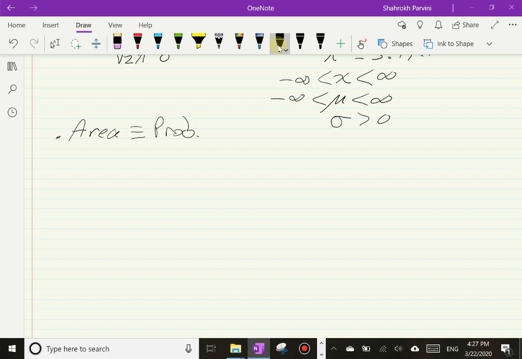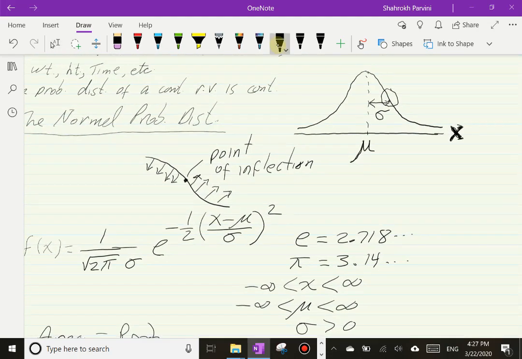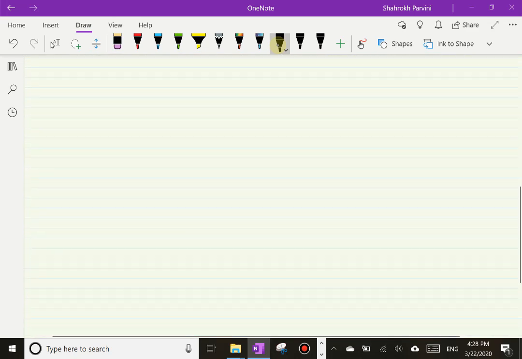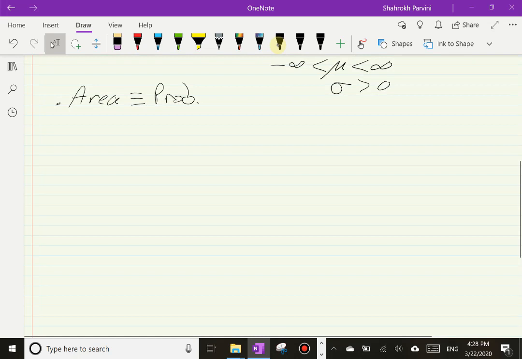So in other words, if you want to find probabilities under this curve, I need to be able to find the area under the curve. Now, the area under this curve, because it's not a well-defined shape, such as a triangle, rectangle, circle, and so on, I don't have a formula for finding the area under the curve.